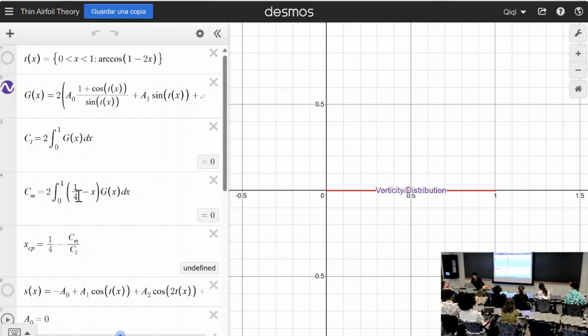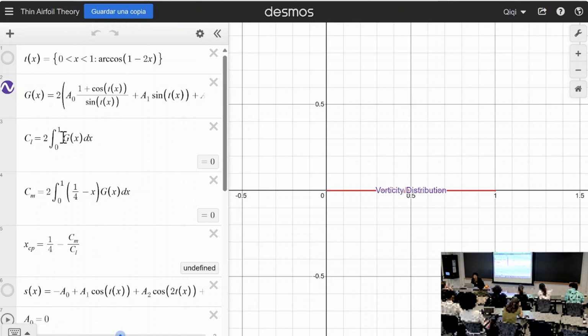We have the moment coefficient integrated over here. And by the way, the moment coefficient is defined as the aerodynamic moment around the quarter chord. That's why if you look at the formula, there is a 1/4 minus x over here, right? And g is gamma. That's circulation.